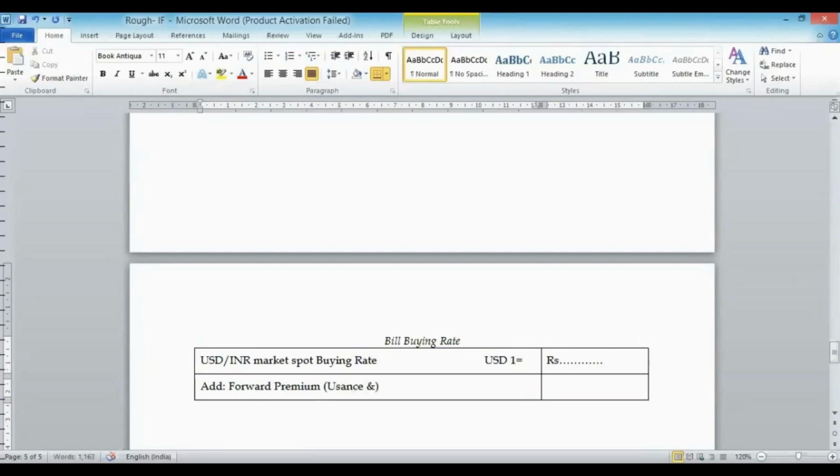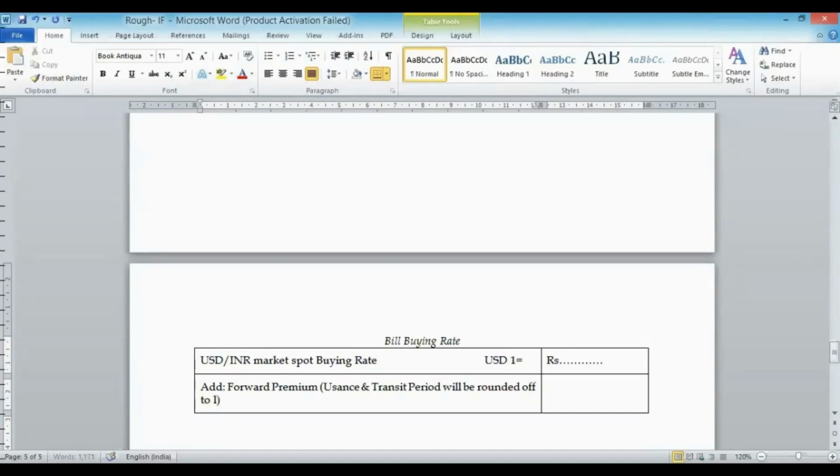usance and transit period will be rounded off to lower month, right?